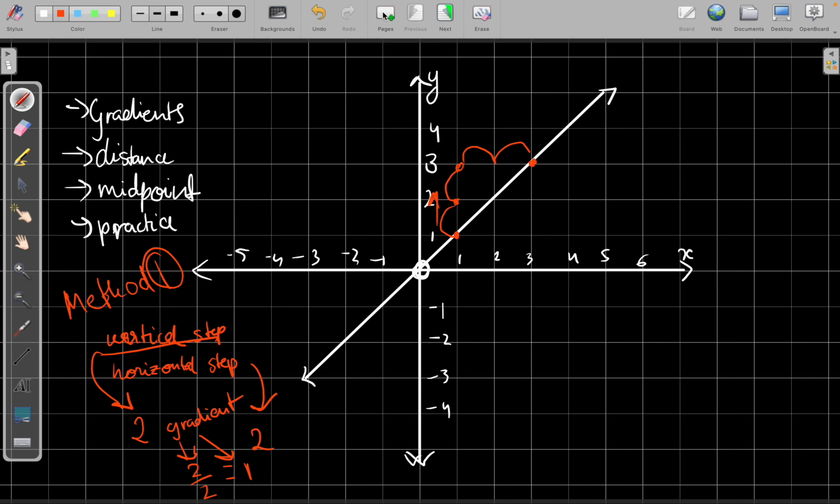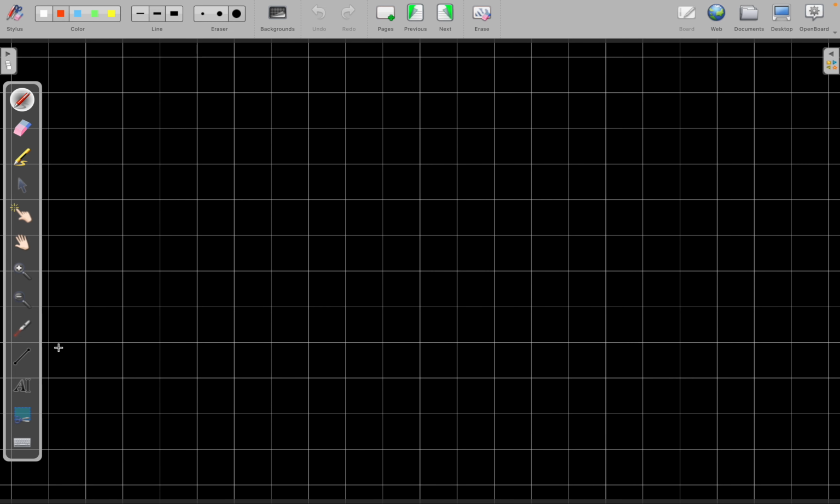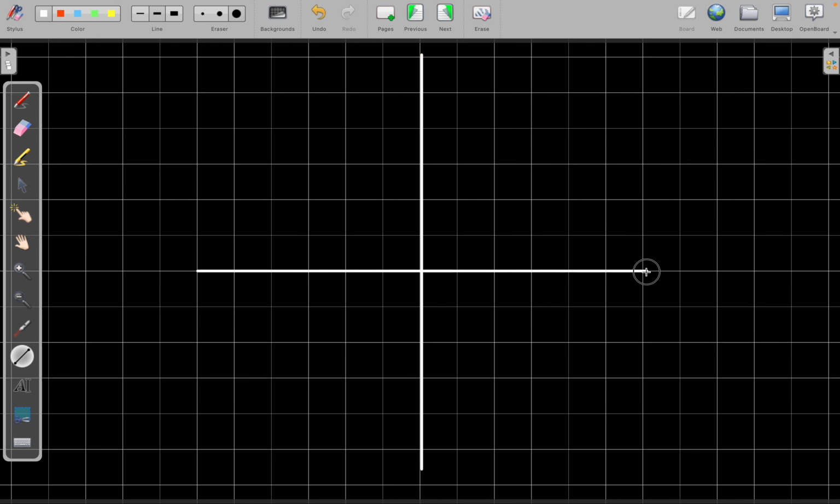Now, if I make a new page and draw a new coordinate grid, and another one right there, and again label all of it: 1, 2, 3, 4, 5, minus 1, minus 2, minus 3, minus 4, minus 5.